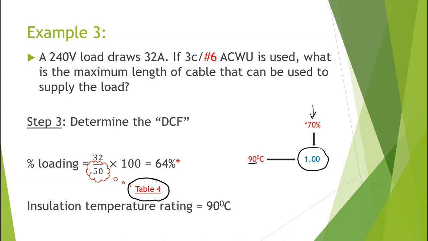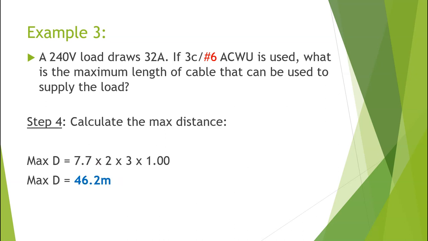Now the last step, as previously done, is to simply take all of our multipliers and apply them to our D3 value that we got based on number 8 copper. So we take our 7.7 meters, we multiply it by 2 for our voltage multiplier, again by 3 for our voltage drop multiplier, and then lastly by 1 for our DCF.